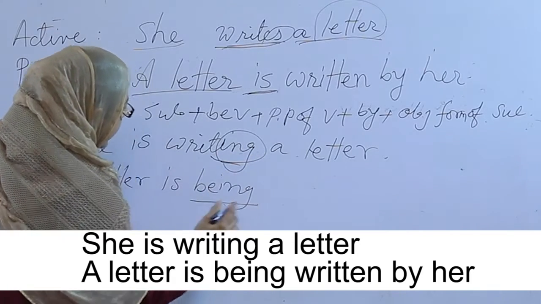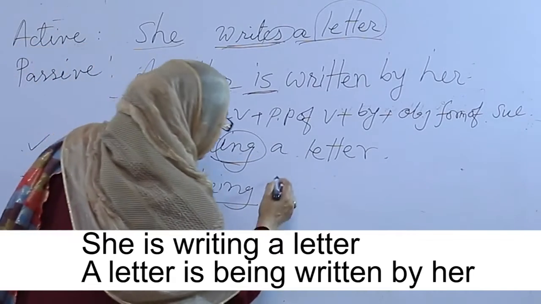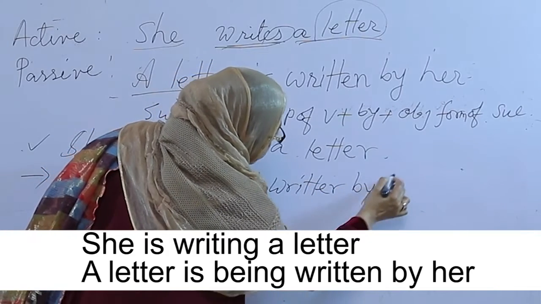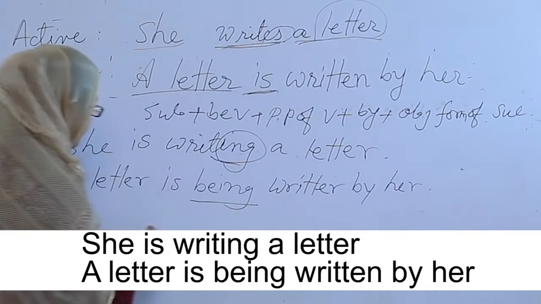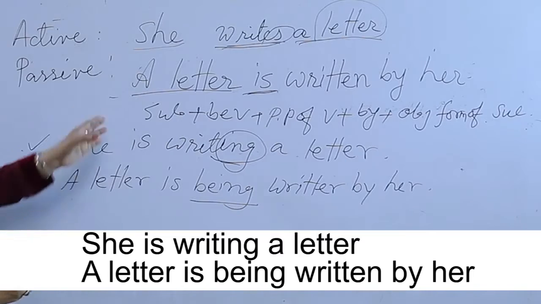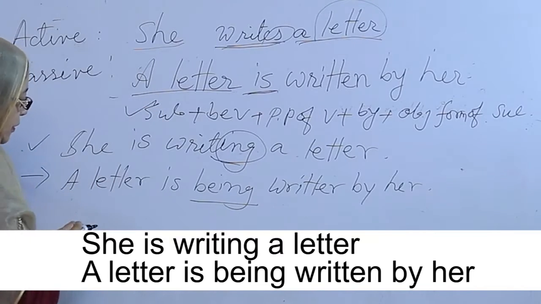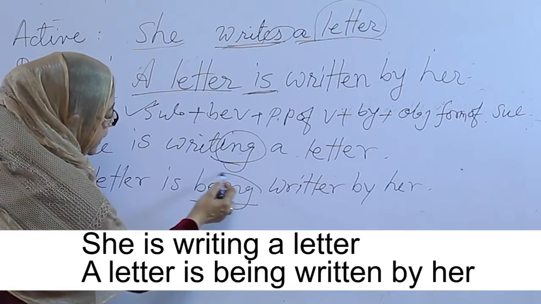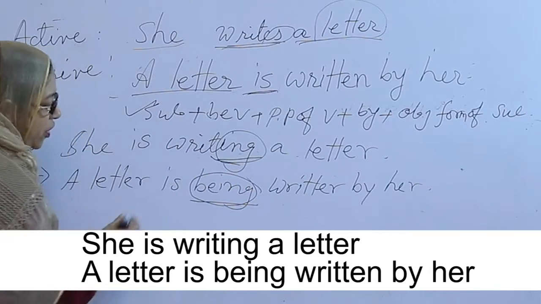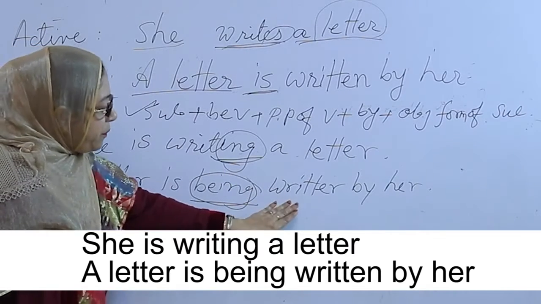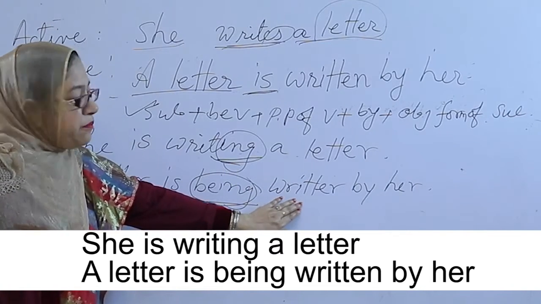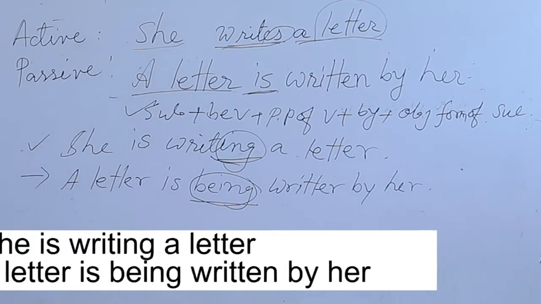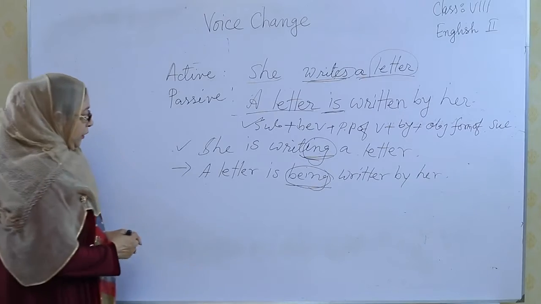So look at the structure: subject plus be verb plus being, then the past participle form of the main verb, plus by, plus the objective form of the subject.